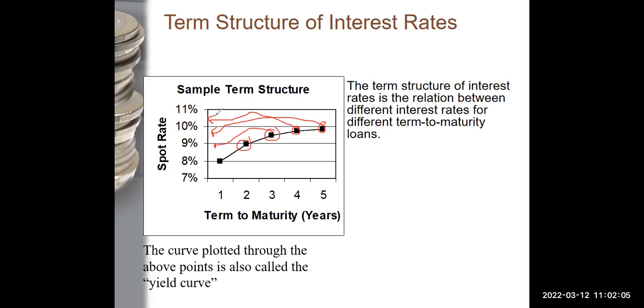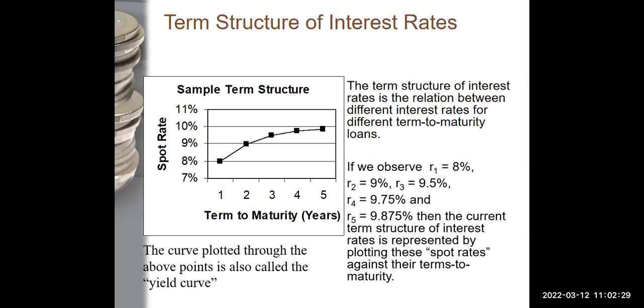Yes, the yield on this, for example, how much you earn if you lend your money, as you increase your lending period from 1 to 2 years, 2 to 3 years, or 3 to 4 years, or 4 to 5 years. Okay, so this is what is happening here, and this is what the yield curve is called.